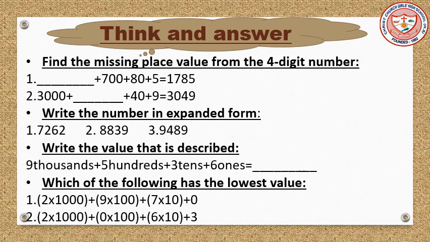Blank plus 700 plus 80 plus 5 equal to 1785. Number 2. 3000 plus blank plus 40 plus 9 equal to 3049.